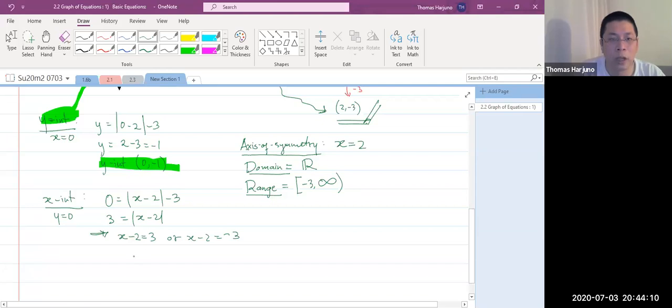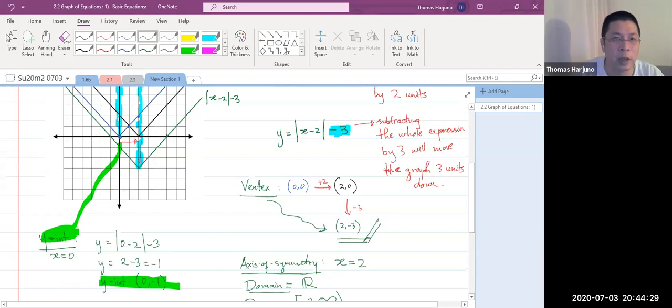So I get x equals 5, x equals -1. So my x-intercepts are (5, 0) and (-1, 0). So you see that my graph and my algebra actually coincide. This is my x-intercept, (5, 0) and (-1, 0).